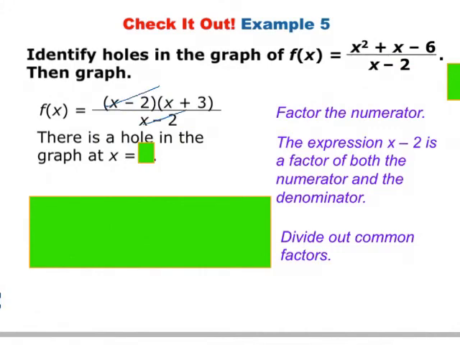Remember, when it divides out, that means there's going to be a hole at what? x equals 2. Correct. And you're left with f of x equals x plus 3, which means you're just going to graph this linear equation, and you're going to draw a little hole at where? At x equals 2.